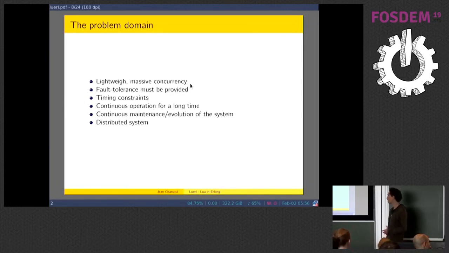The problem domain that they had in the 80s was telephony. They had a switch called the AXE, and apparently it was very cumbersome to develop and maintain, so they had a problem.